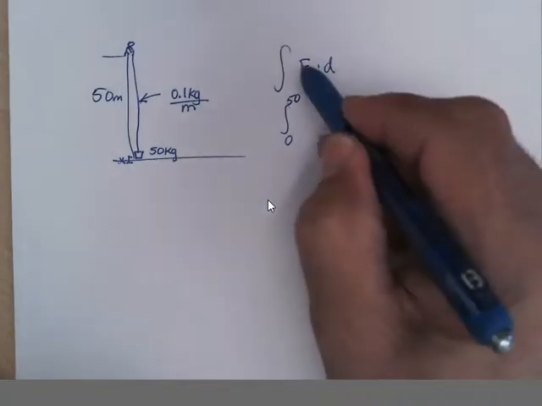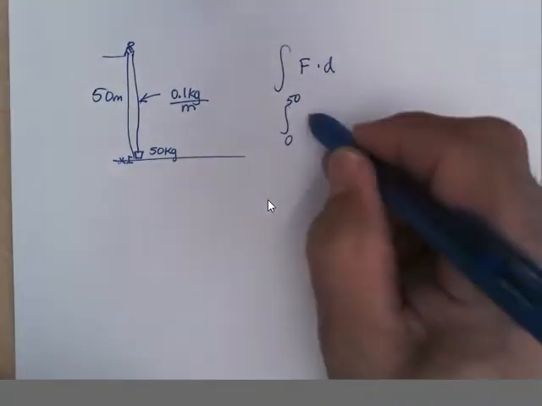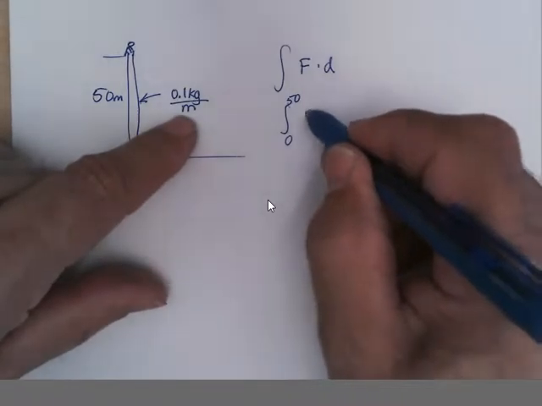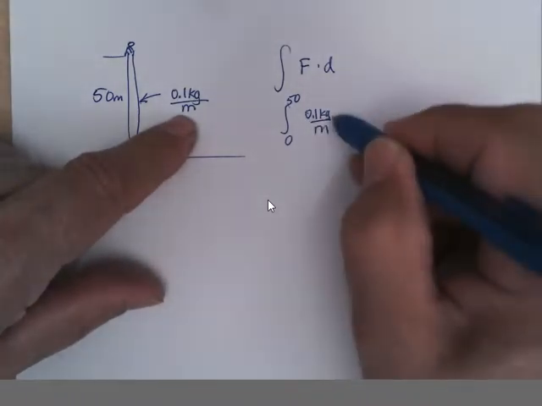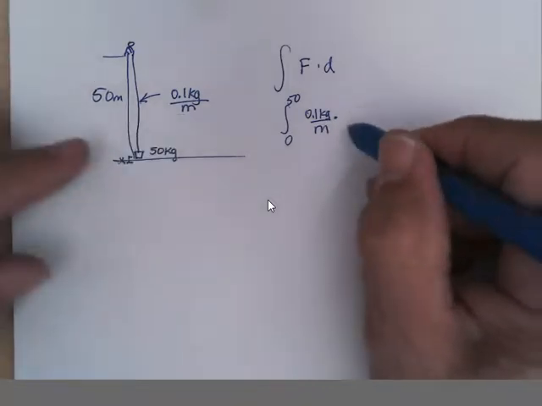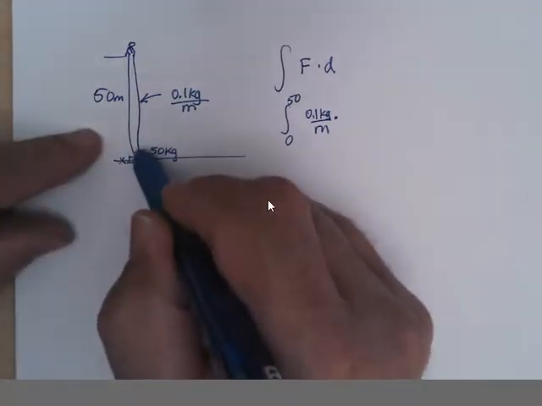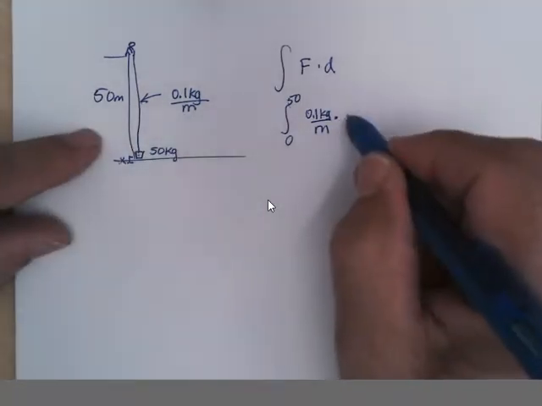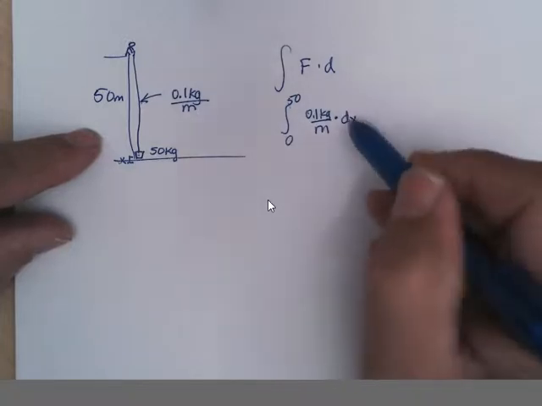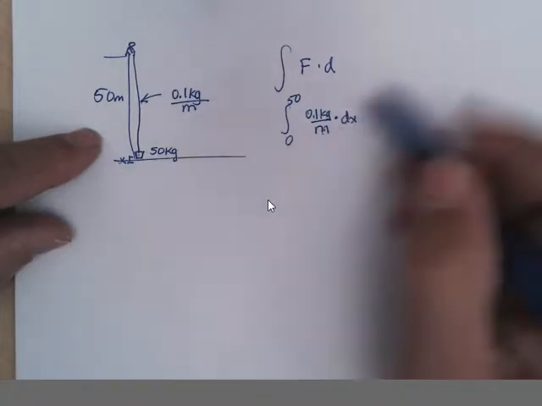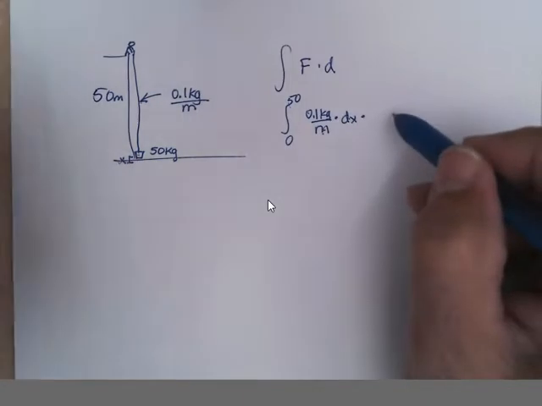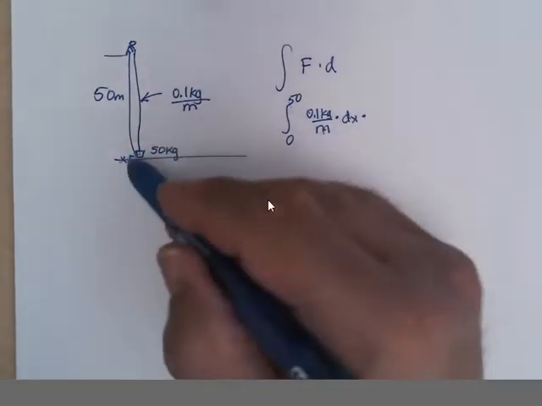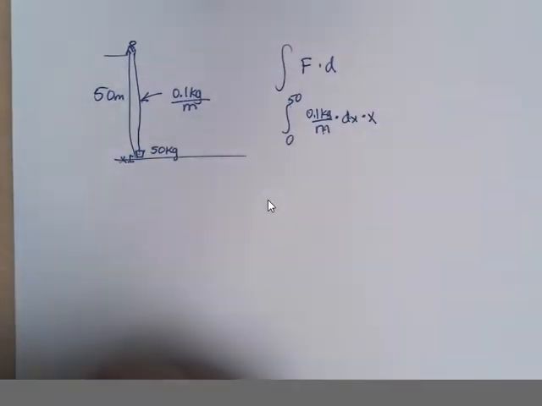The force would be density times the little bit that we lifted, dx, so that would get rid of the meters, times how far we have to lift it, and that is x.